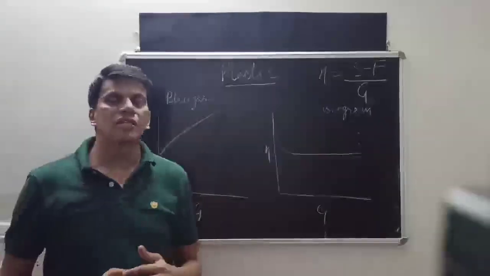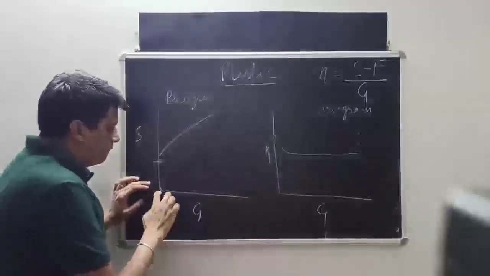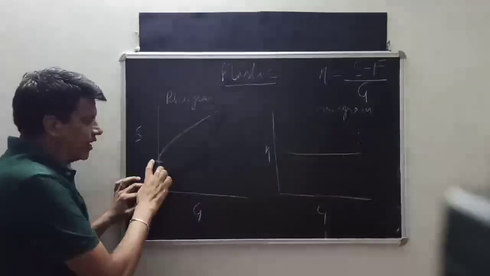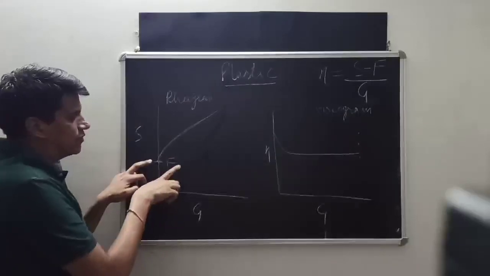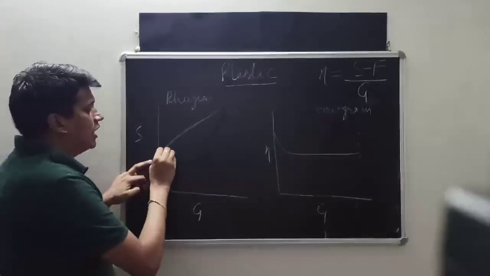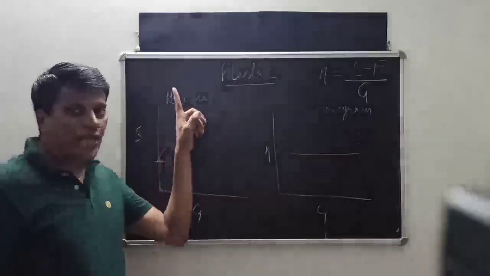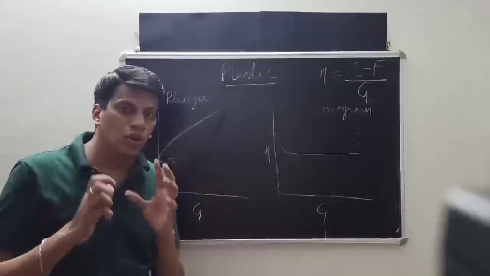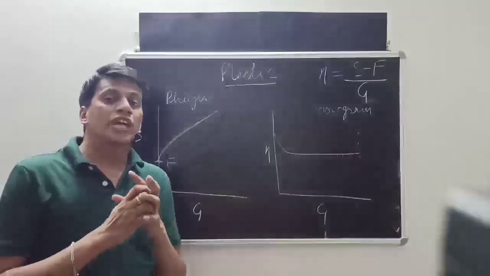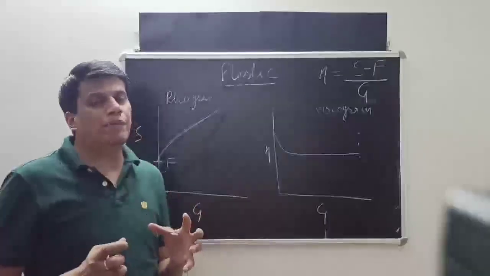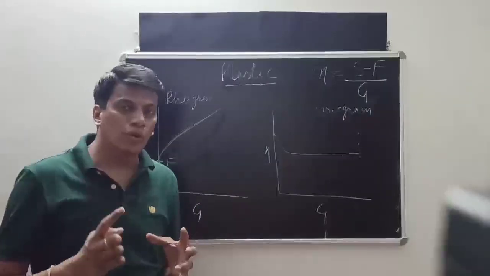So plastic materials, also called Bingham's plastic, are those materials which resist the initial stress, and once the stress value is greater than the yield value denoted by F, they behave like a Newtonian material. Fine. Now again I repeat, plastic materials are those which resist initial stress. This means they do not move on application of a small stress. Movement is not there, they do not rotate.